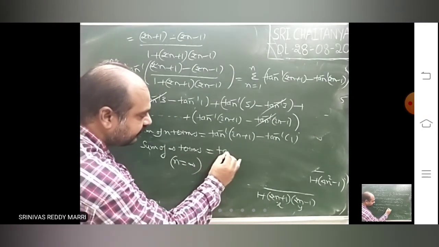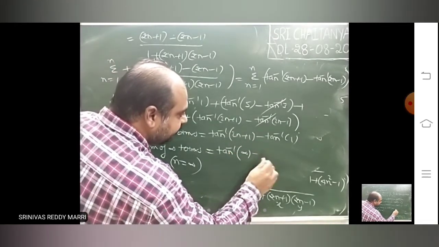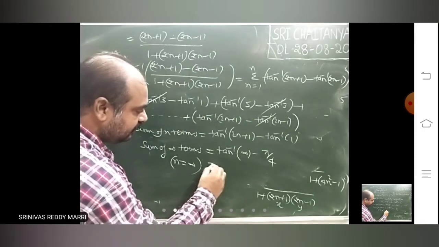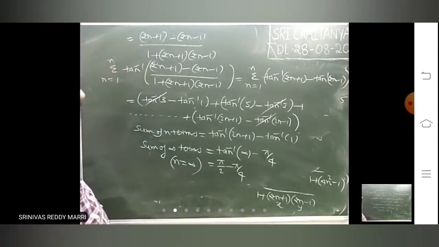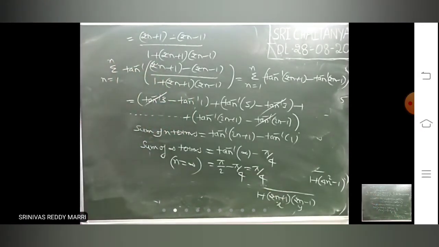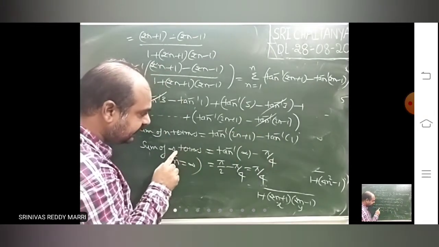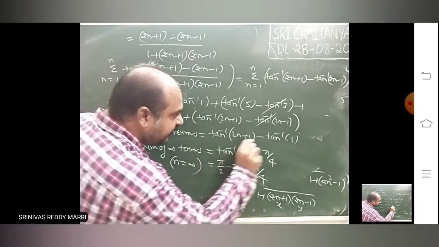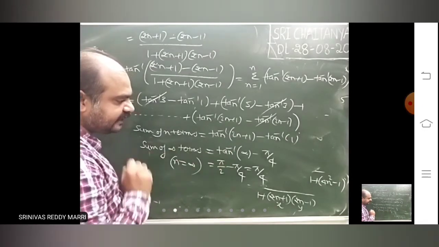Tan inverse infinity minus tan inverse 1 is pi by 2 minus pi by 4, which is pi by 4. That is the answer for the infinite series. First you calculate the sum of n terms and then substitute infinity. Even if infinity is given, first calculate the sum of n terms and then substitute infinity.